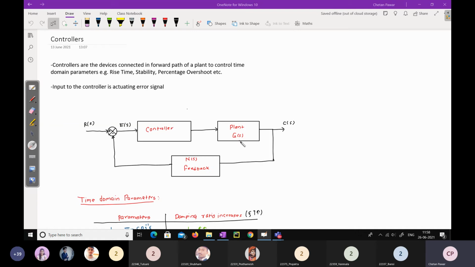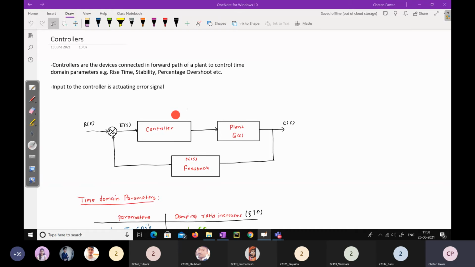If I set the input to 25 degrees Celsius and it takes 1 hour or 2 hours, how do we optimize that performance? With the help of controllers, we can optimize the time domain parameters. So that is the need for the controller.